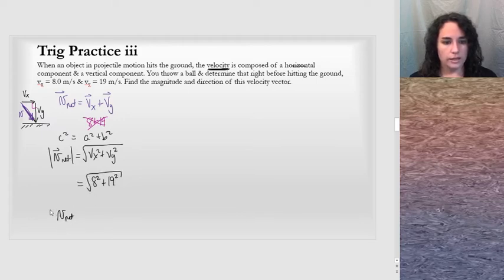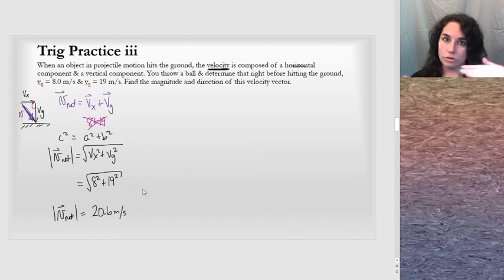And I get the magnitude of V net is 20.6 meters per second. Very straightforward. They give me two legs of a right triangle. I can easily find the third one. The idea here is that we have a horizontal component and a vertical component in our total velocity vector, our net velocity. Okay, so it says find the magnitude and direction.